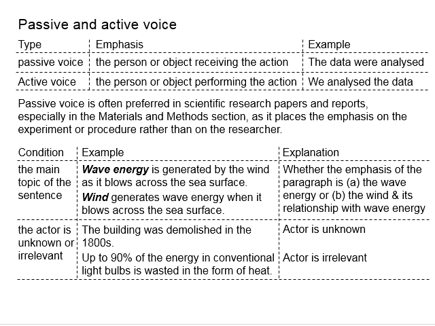The second condition you need to consider is whether the actor is unknown or irrelevant. The passive voice normally gives emphasis to the person or the object receiving the actions. That means it is not really concerned with the person or the object performing the action.